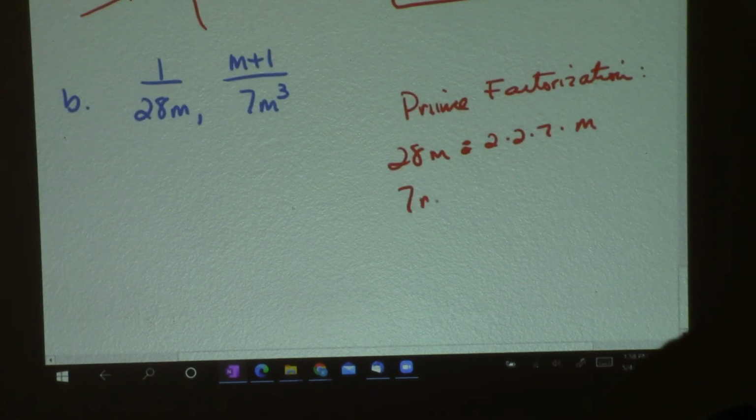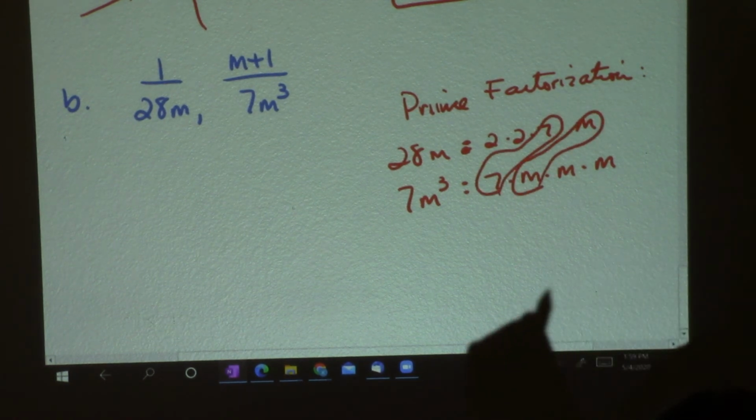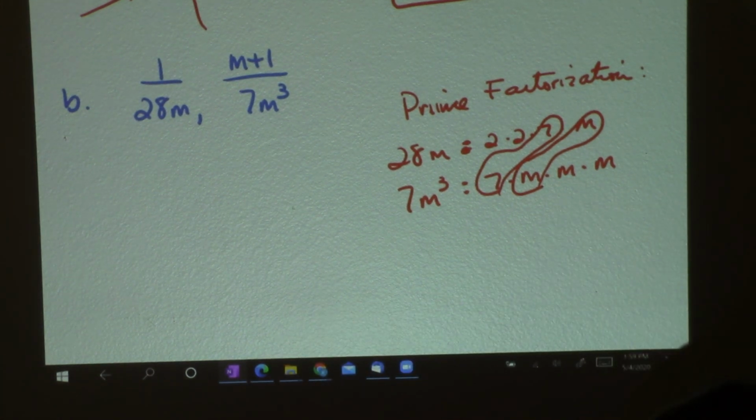And then 7m cubed would be 7 and then 3 m's, right? Okay, so I circle what they have in common. And this method is especially helpful when you have larger numbers. But it really works for this too, and step by step it works every time.